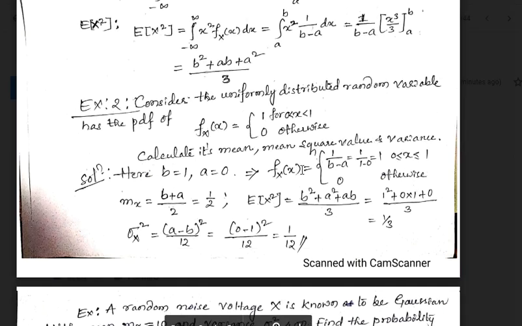Fx of x is 1 by (b minus a), which is 1, and it is 0 otherwise. In between 0 and 1 it is going to be 1. So mx is (a plus b) divided by 2, with a is 0 and b is 1, so 1 by 2. And E of x square is (a square plus b square plus ab) by 3, which makes it 1 divided by 3. And the variance sigma x square is (b minus a) square by 12, which makes it 1 by 12.